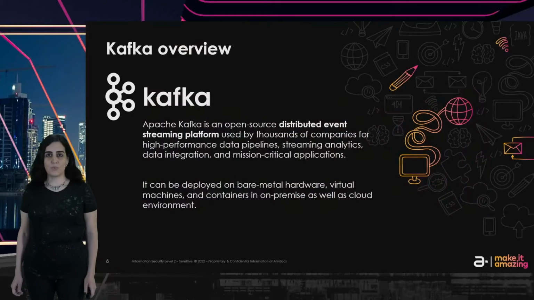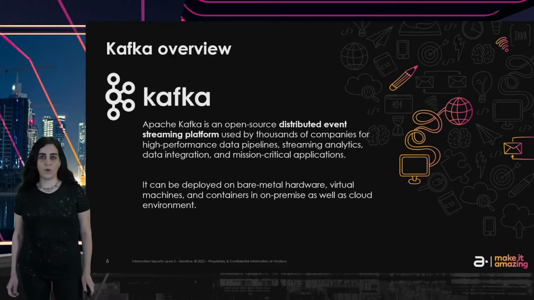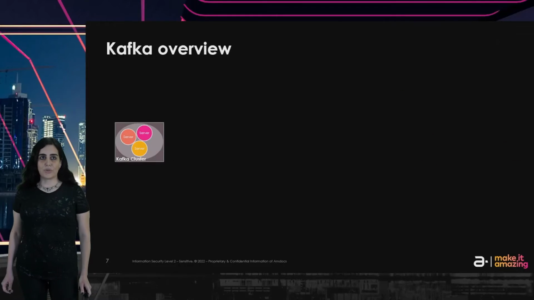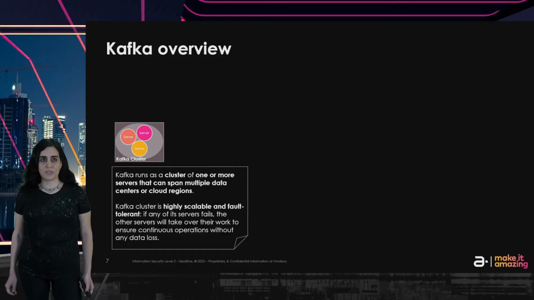Kafka is one of the most popular open source projects, and it provides a distributed event streaming platform. So let's look at Kafka. Kafka runs as a cluster, which has one or more servers that can span multiple data centers or even a cloud region.